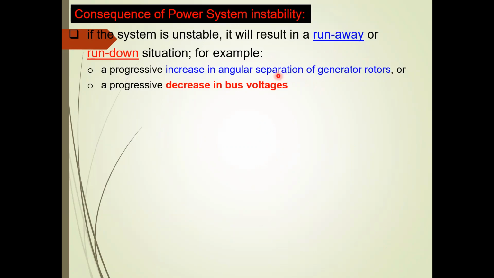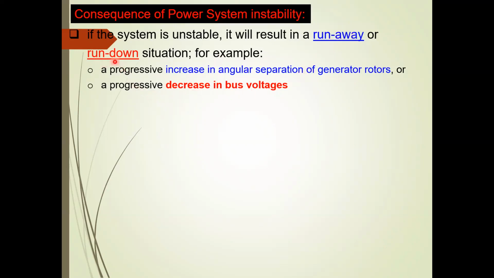So if the angle difference between one generator and the system network, or another generator, progressively increases, that means there is an increase here, so it will be a runaway situation.